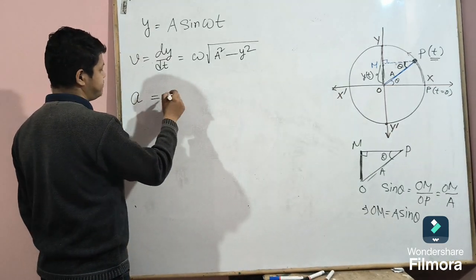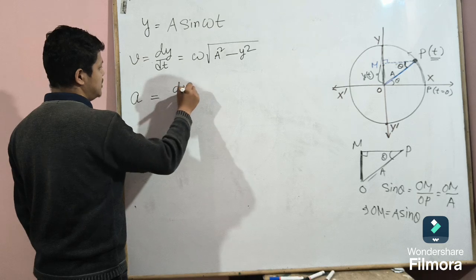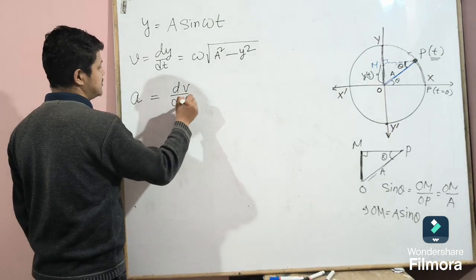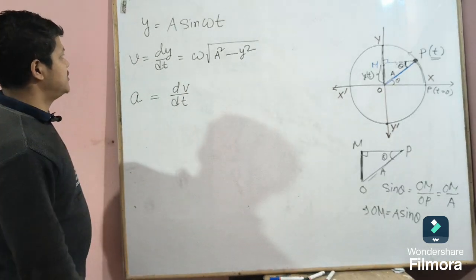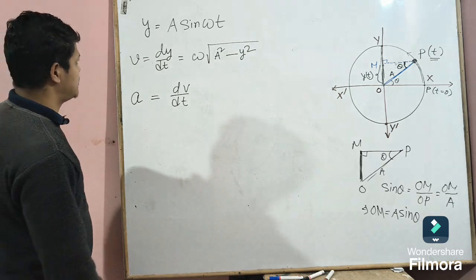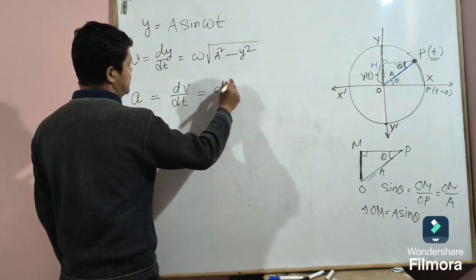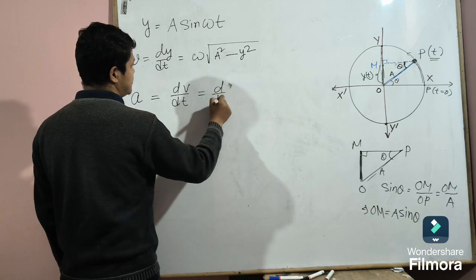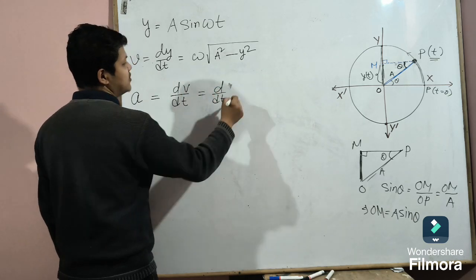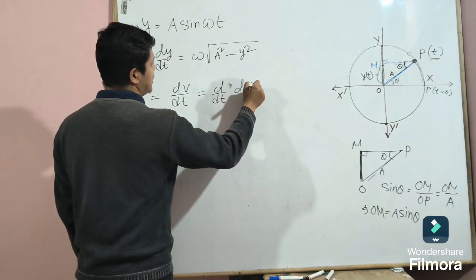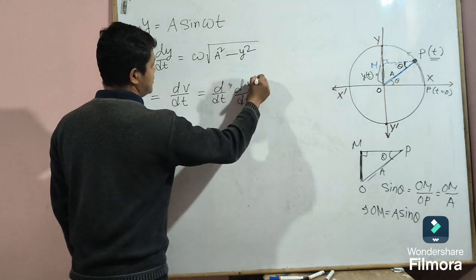So here acceleration a is nothing but dv by dt, right? And this v is nothing but dy by dt.